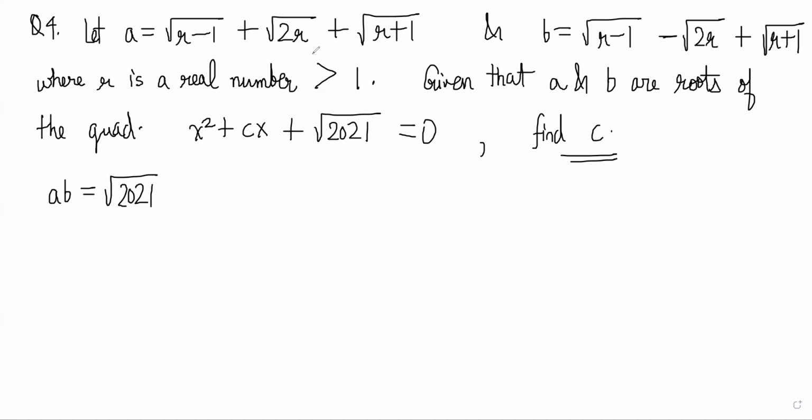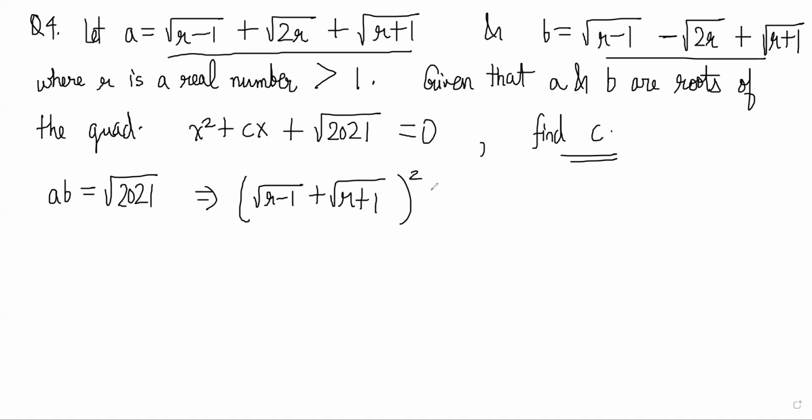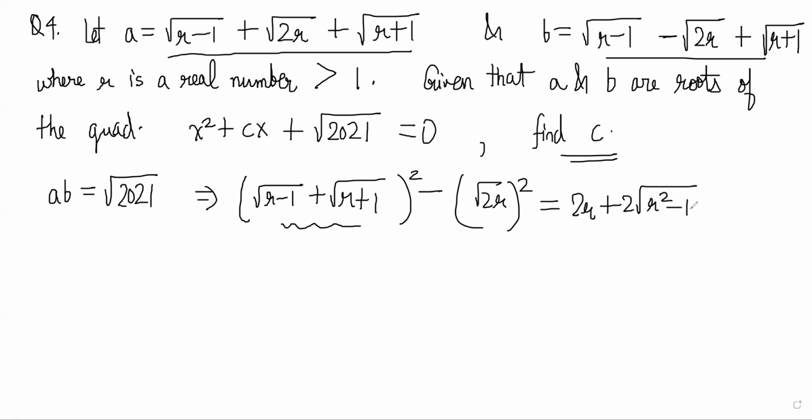The product of the roots can be done in a straightforward manner by using the a square minus b square identity, and product of this and this will be root of r minus 1 plus root of r plus 1 whole square minus root of 2r whole square, which is equal to, the square of this is going to become basically r minus 1 plus r plus 1, so 2r plus twice of root of r square minus 1 minus 2r, right?